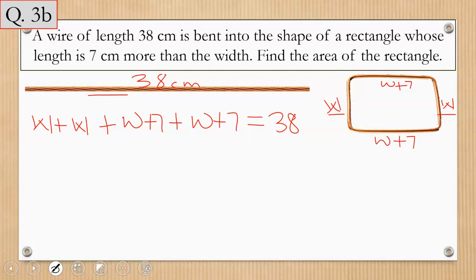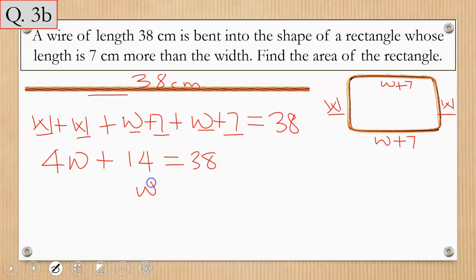So when we do simple addition, we have W, 1, 2, 3, 4. So this gives us 4W, plus 7 and 7 will give us 14. This is equal to 38.